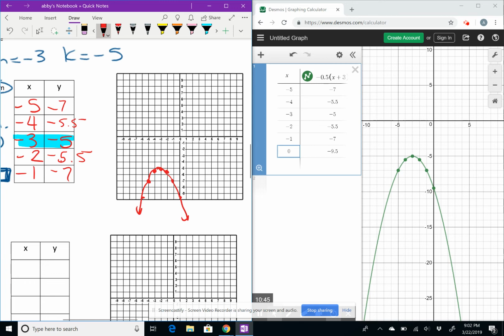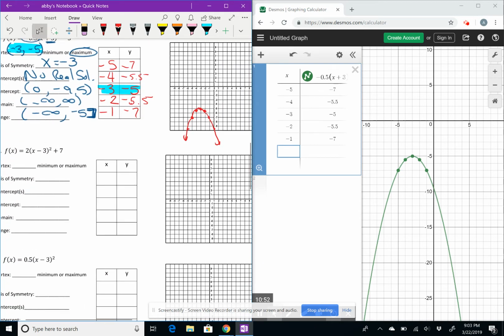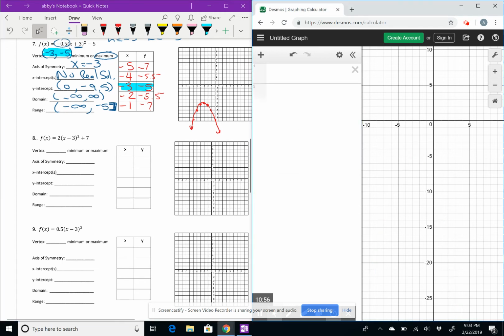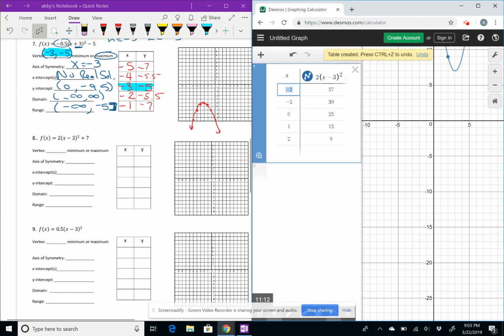So when you do a table, you really want to make sure that you're resetting it to make it look like the table that we want. So for example, number 8, if you write y equals 2 parentheses x minus 3 quantity squared plus 7. We got the gear and then the table. Once again, these are not symmetrical, 57, 39, 25, 15, 19.